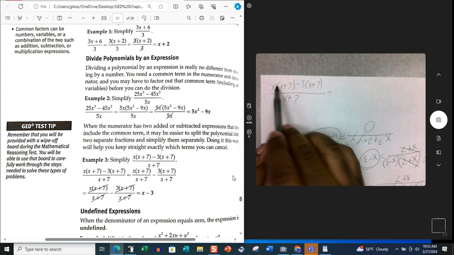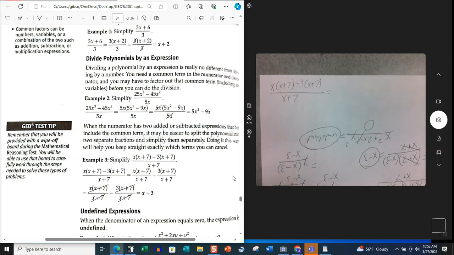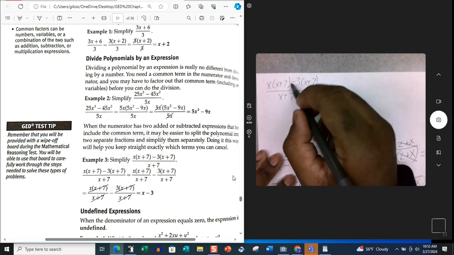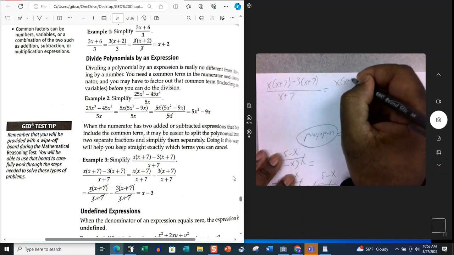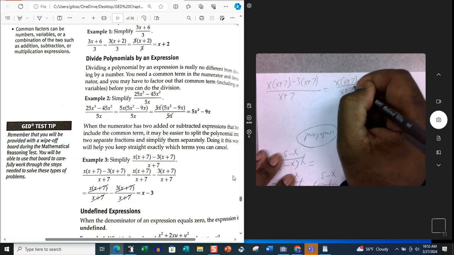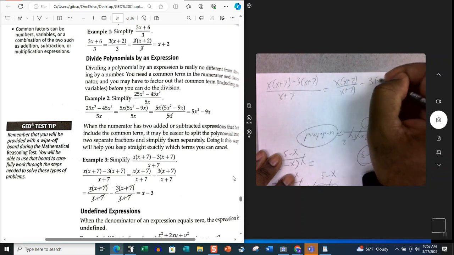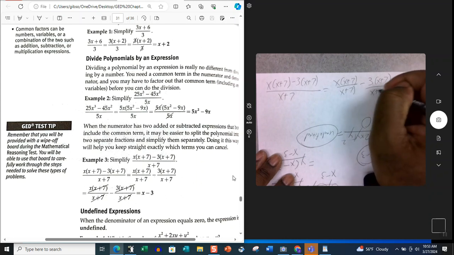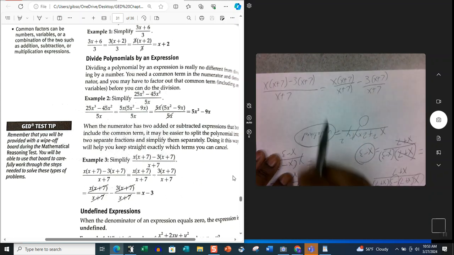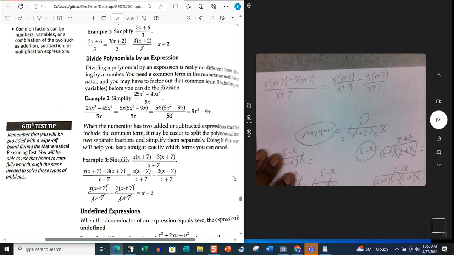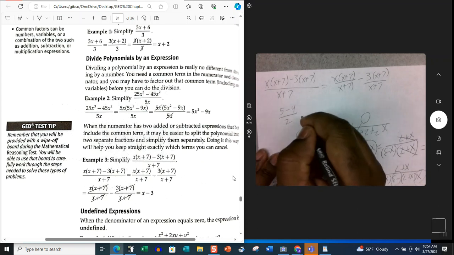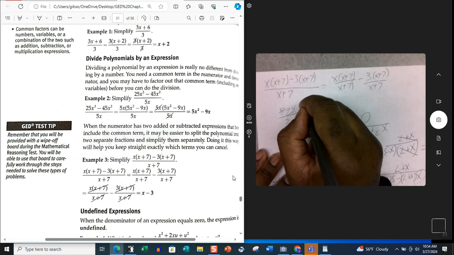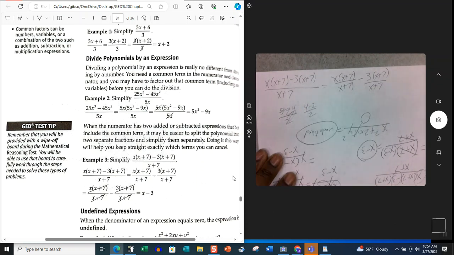Now, instead of them factoring out the x plus 7 like I did, what they did here was, since these are two terms, we could divide both of these terms individually by what we had in the bottom here, what we had in the denominator. So we could divide both of these by the same denominator. Now, let me show you this. If I had 5 minus 4 all over, well, let me get something easier. Let's say I had 4 minus 2 all over 2.